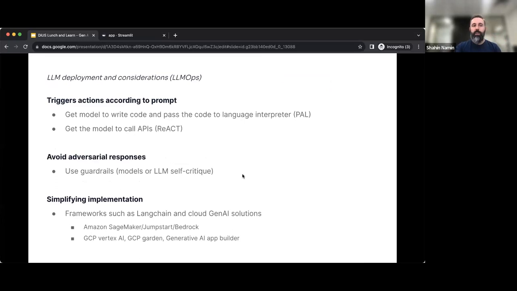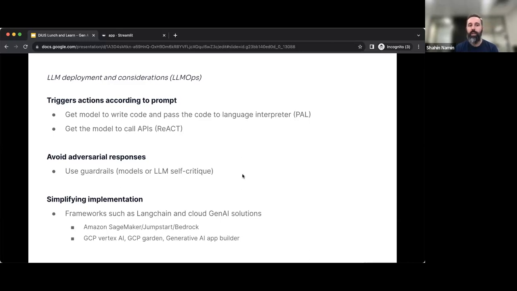There are a few other techniques here if you are going to take actions according to your prompt. As an example, if you have a chatbot that is going to book a hotel, you might want to use one of these techniques. The first one is called PAL, or Program Aided Large Language Models, which was proposed in 2022.